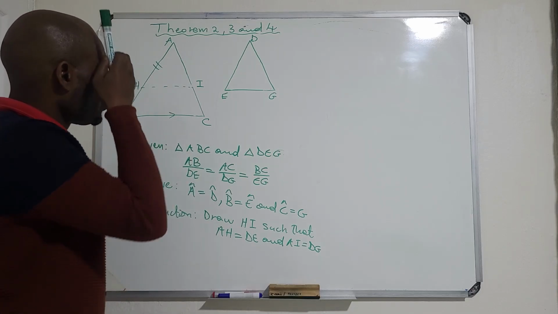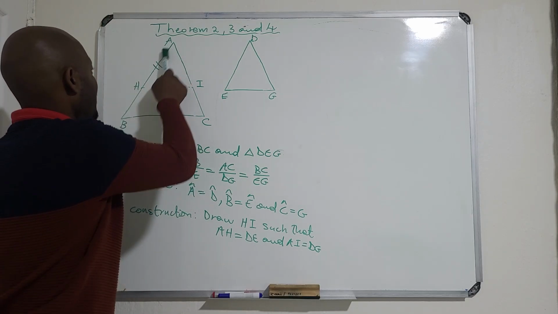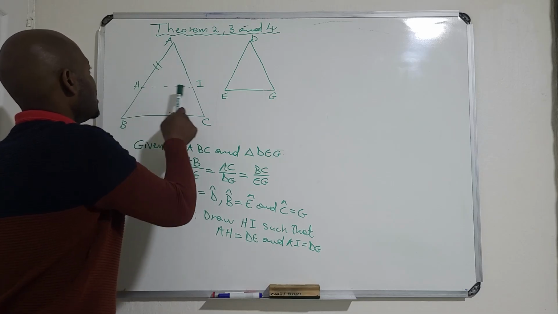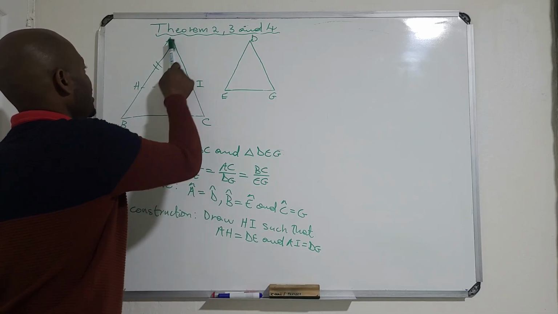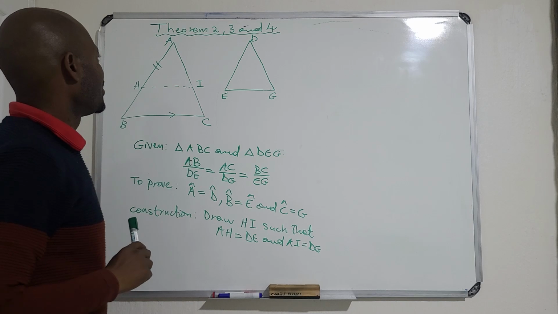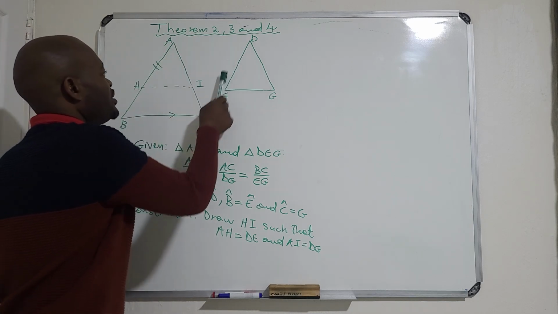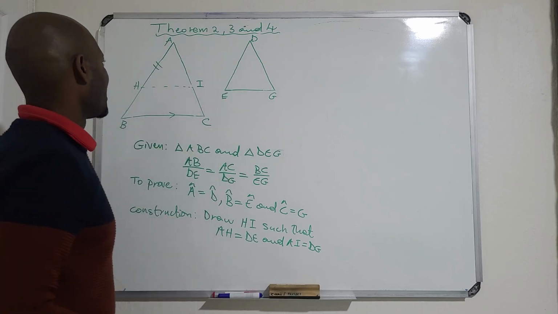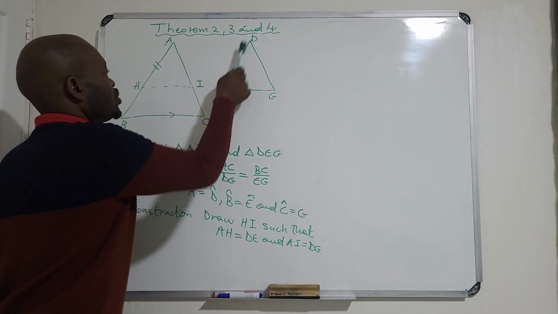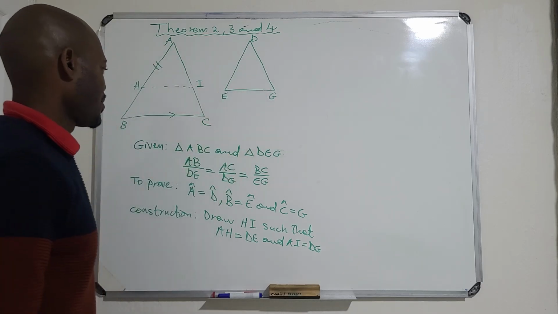Since we know that this triangle is going to be similar to this triangle, then it will mean that this triangle will be similar to that triangle, since this triangle is congruent to this triangle.